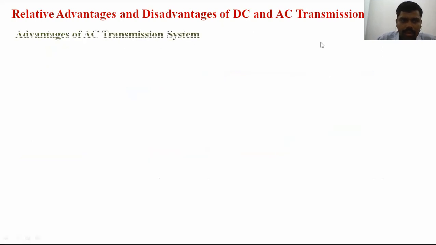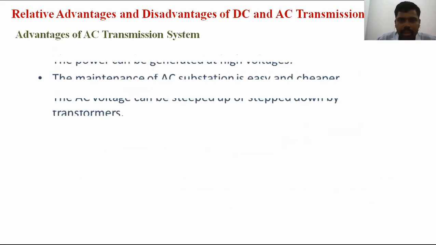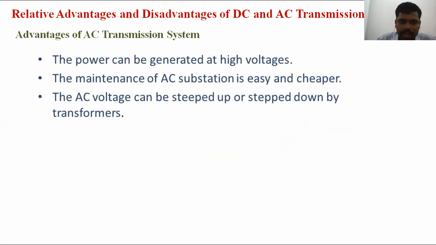Now we can compare the advantages of the AC transmission system compared to the DC system. What are the drawbacks in the DC transmission system that we can overcome in the AC system? In the AC transmission system, we can boost the voltage as per our requirement.